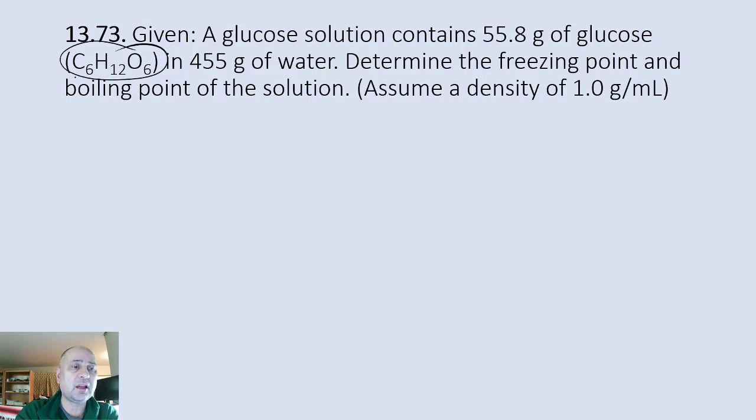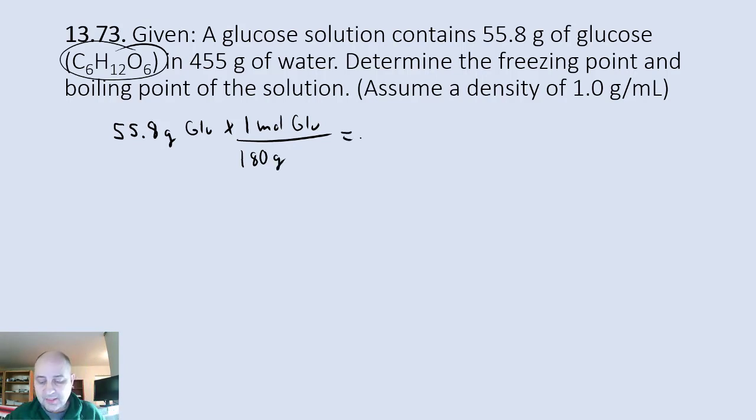So let's calculate molality. First, we need the number of moles. We get that from 55.8 grams of glucose times 1 mole of glucose, it's roughly 180 grams per mole. That gives me the number of moles, 0.3097 moles.